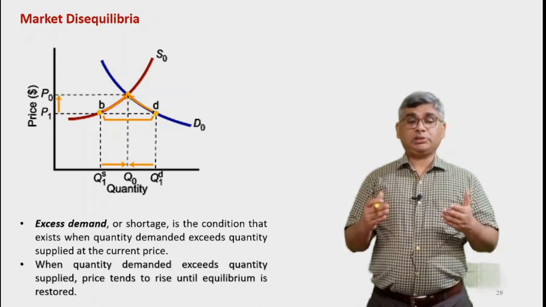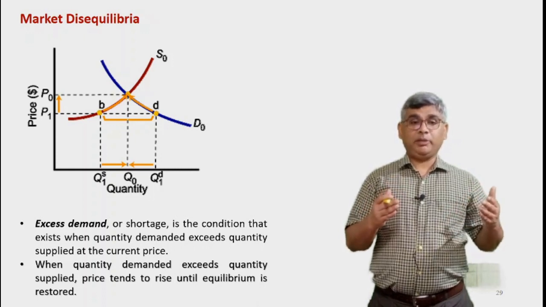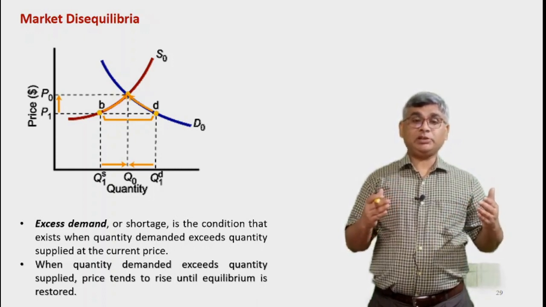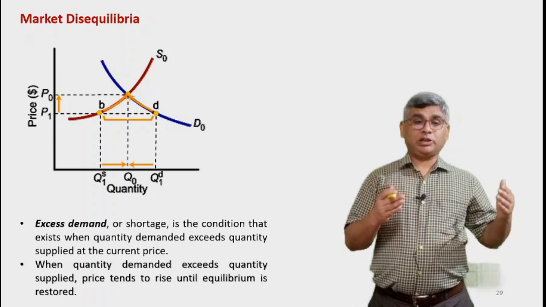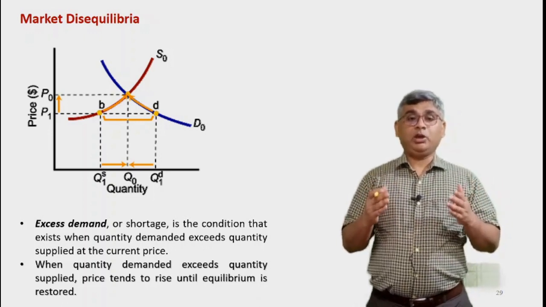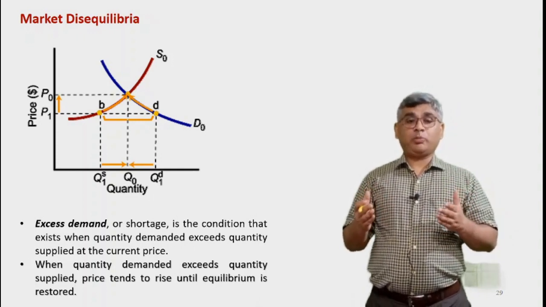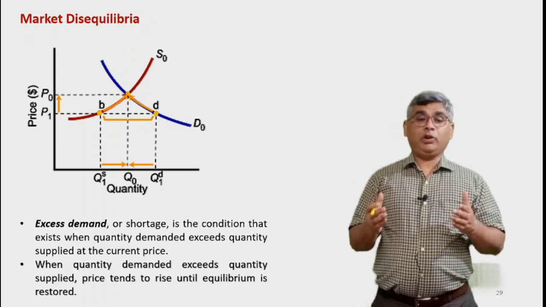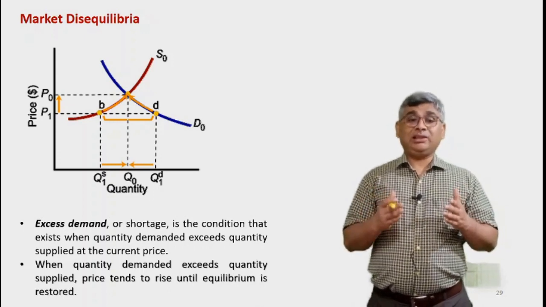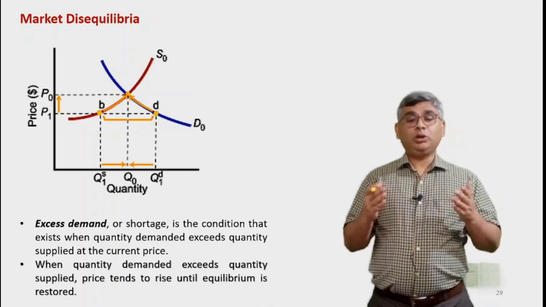In this case, the price will start rising, and once the price starts rising, the supplier will tend to supply more. So the market will again settle at the point P0, and the corresponding demand will fall from Q1D to Q0, and there will be a corresponding increase in the supply from Q1S to Q0.